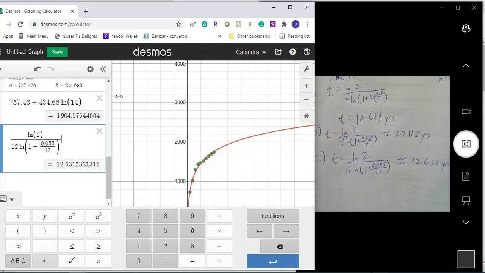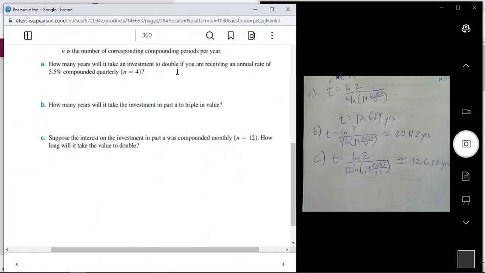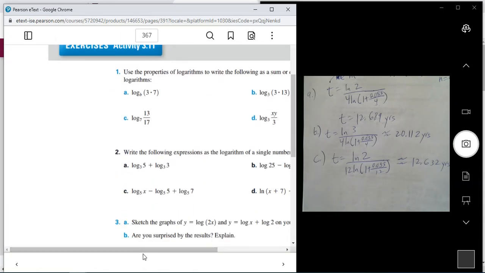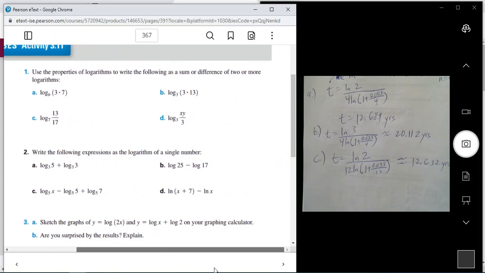All right, so let me see here. Now it says number 1, use the properties of logarithms to write the following as a sum or difference of 2 or more logarithms.